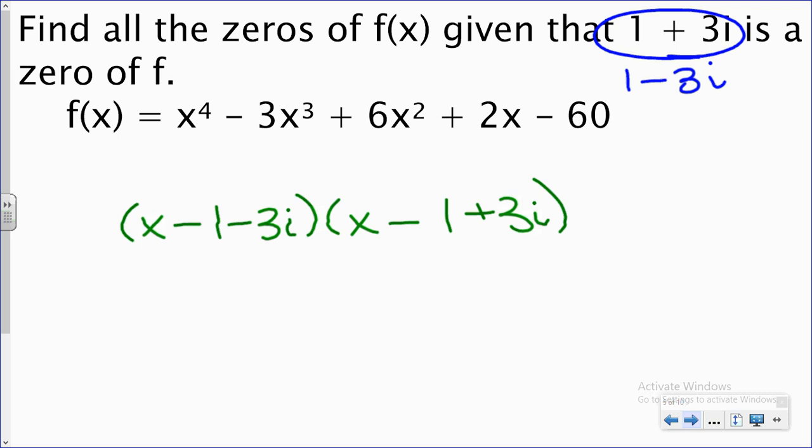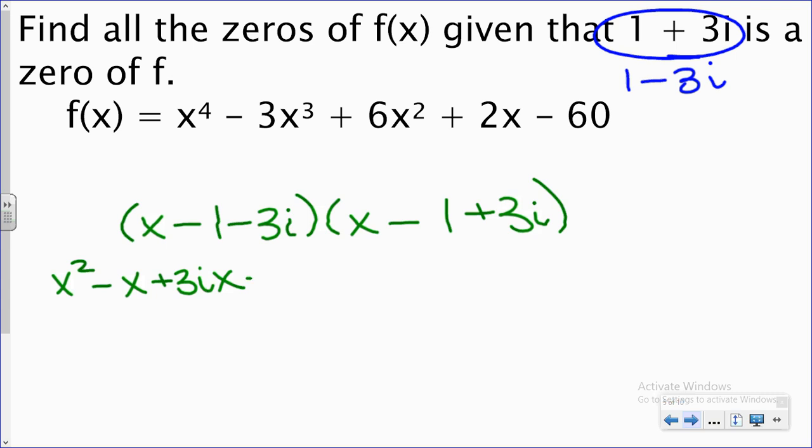So now we get to multiply this out. Everything in this has to be multiplied to everything in this. So let's do it. X times x, x times negative 1, and x times 3i. Negative 1 gets multiplied to all three.